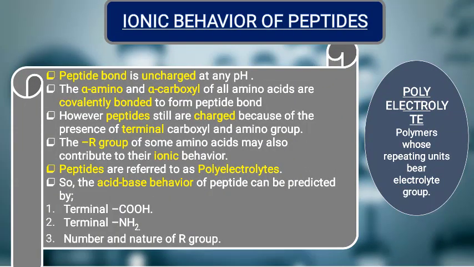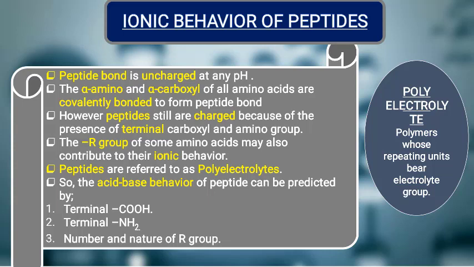Now we will discuss the ionic behavior of peptides. As we already know, in order to form the peptide bond, the amino acids use their alpha carboxyl and amino group, but still they have a terminal carboxyl and a terminal amino group present, responsible for the ionic behavior of peptides.